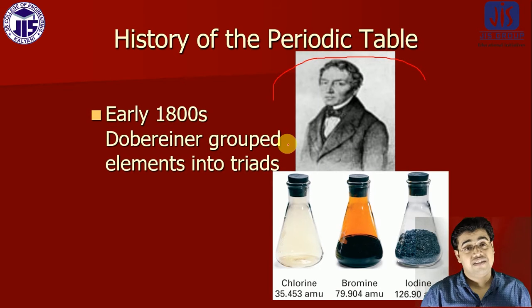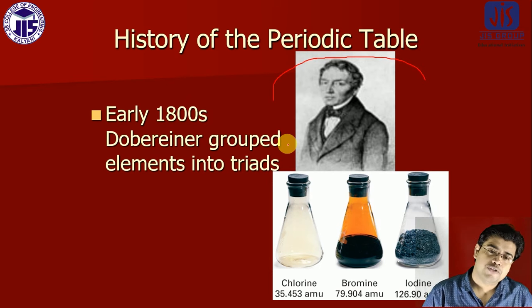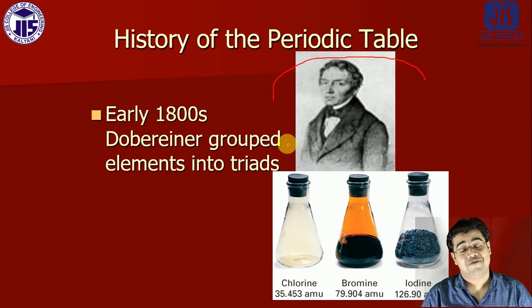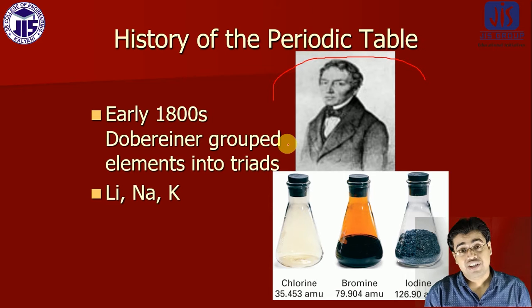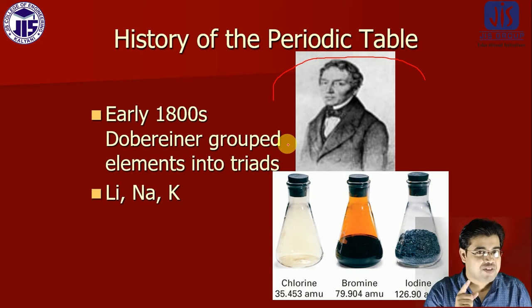In the early 1800s, Dobereiner first tried to arrange the elements so that we can at least understand the similarity of properties. Dobereiner first tried to find a set of three elements in which the average atomic weight of the first and third element will be equal to the middle element.